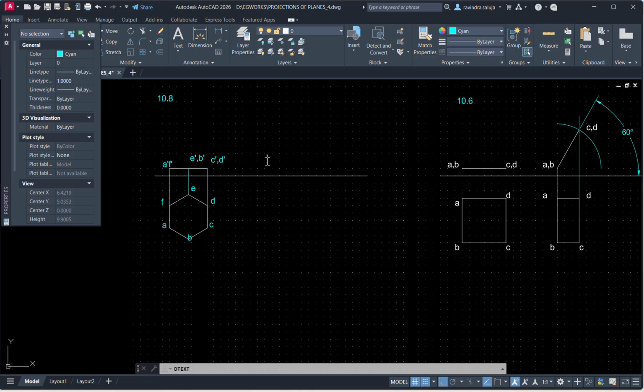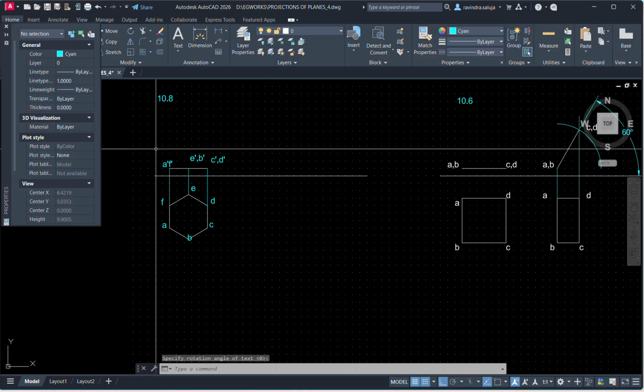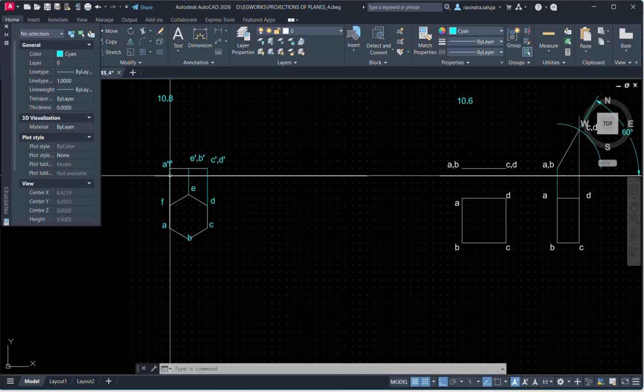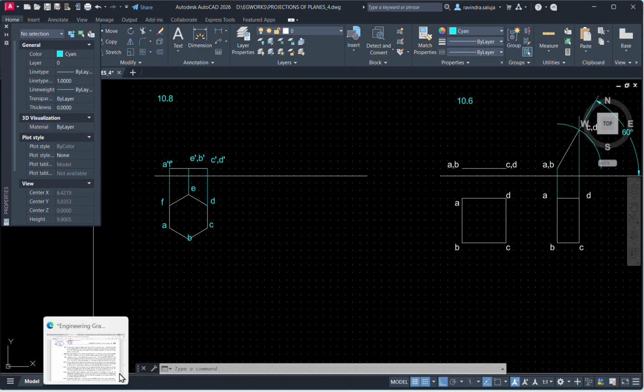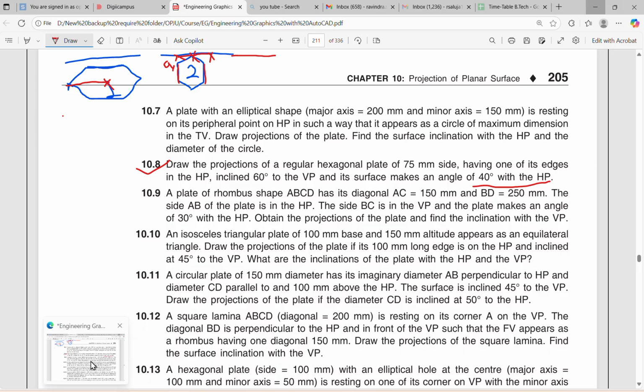Done. Okay. Now after that, what you require to do? You need to rotate, because with respect to the HP the inclination is given. So this problem we generally solve in 3 steps, as we have done in the earlier problem in 2 steps. The first step remains the same: draw the true shape by assuming the plane parallel to the plane where the inclination is given.